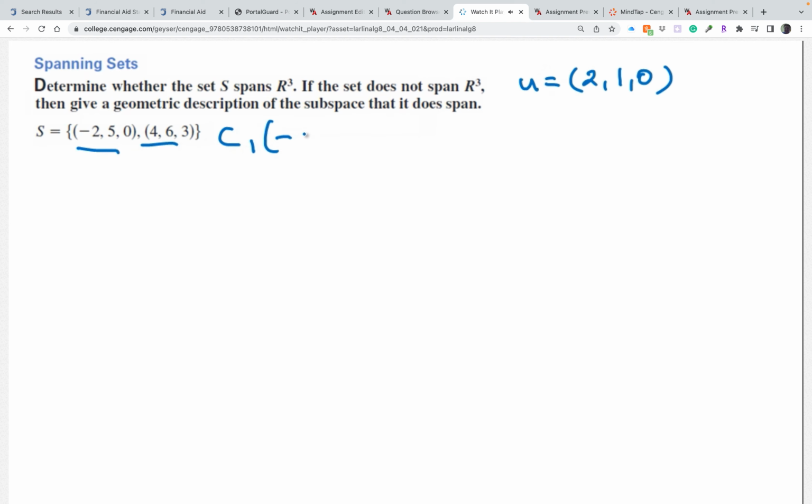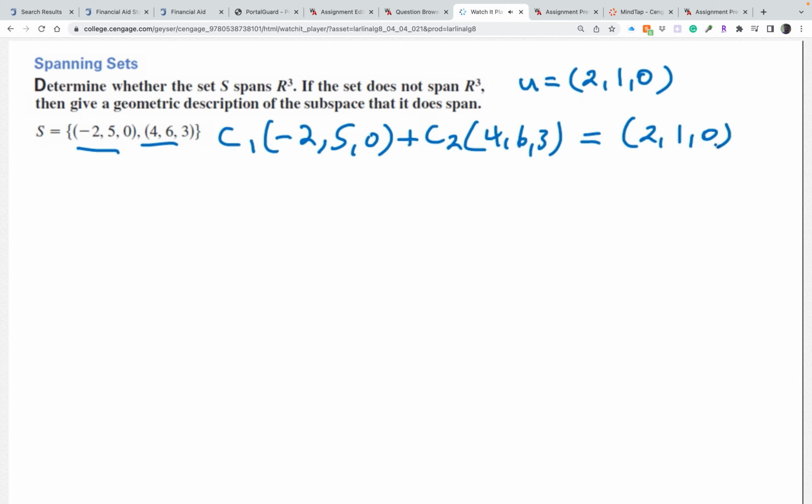We'll see if we can find some linear combination of these two vectors to form U. We'll take a constant c sub 1 times the first vector, -2, 5, 0, and add a constant c sub 2 times the second vector, 4, 6, 3, and we'll want that equal to the vector 2, 1, 0. From this equation, we get -2 c sub 1 plus 4 c sub 2 equal to 2.